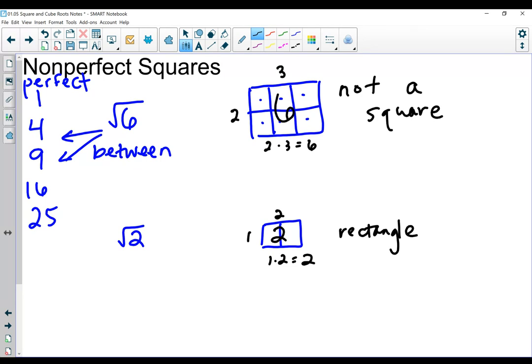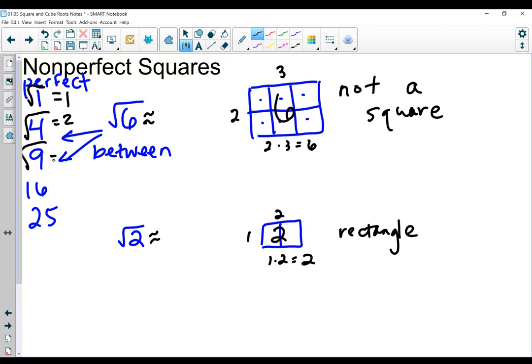According to the lesson that you might read online, they want you to approximate these square roots, and it involves a lot of guessing and checking. I don't really think that is worth our time. What I do think is worth our time is looking at this list of perfect squares and being able to tell what it's between. So I know that the square root of 1 is 1, and the square root of 4 is 2.